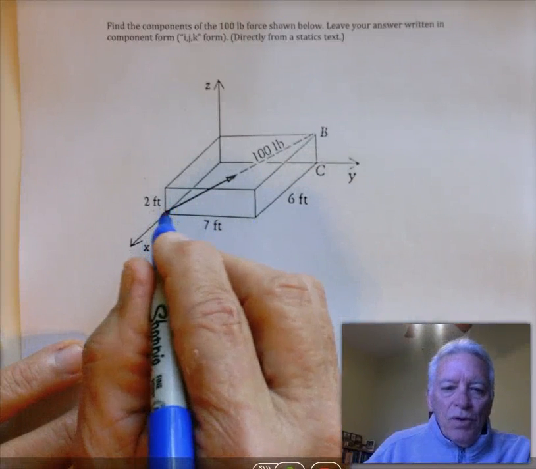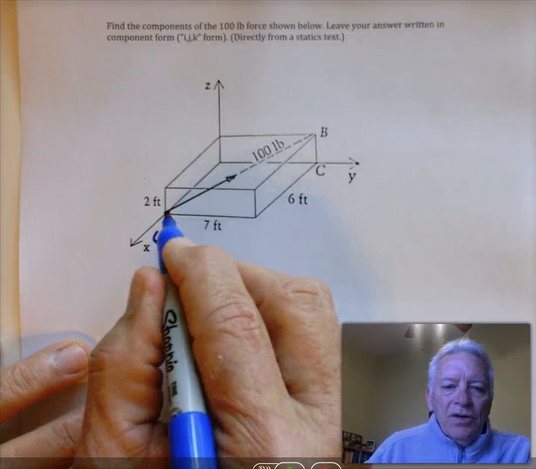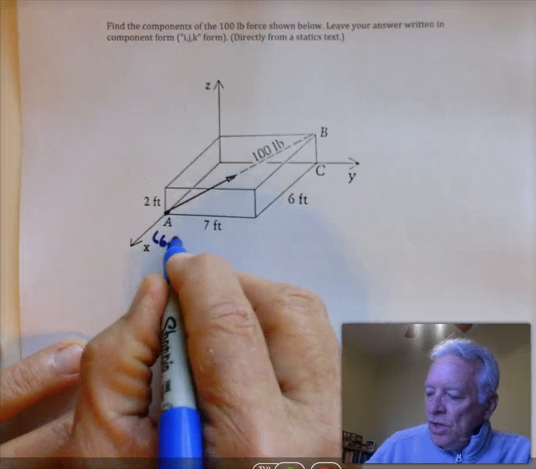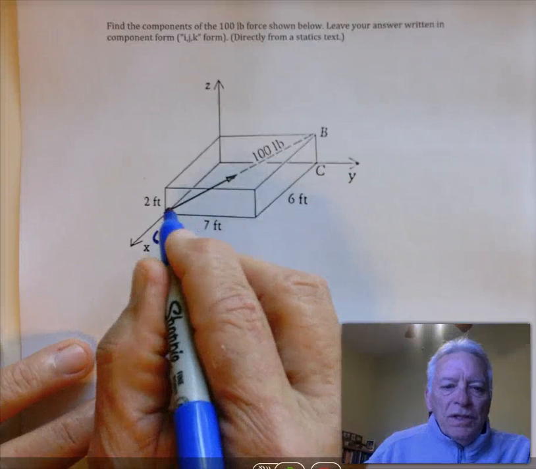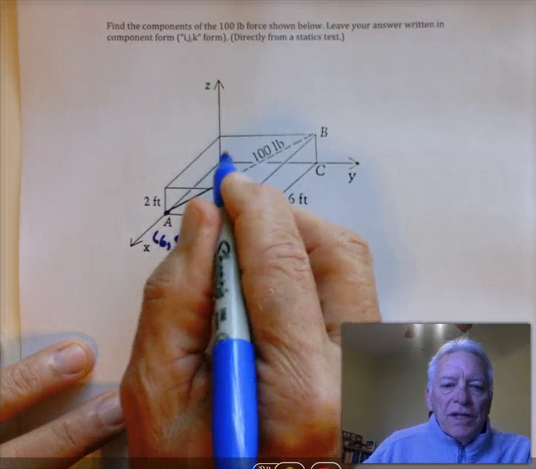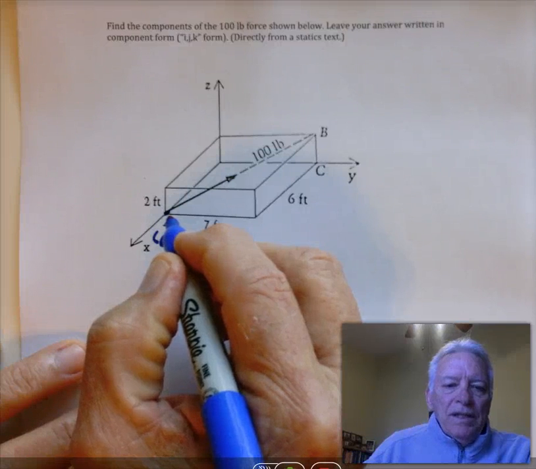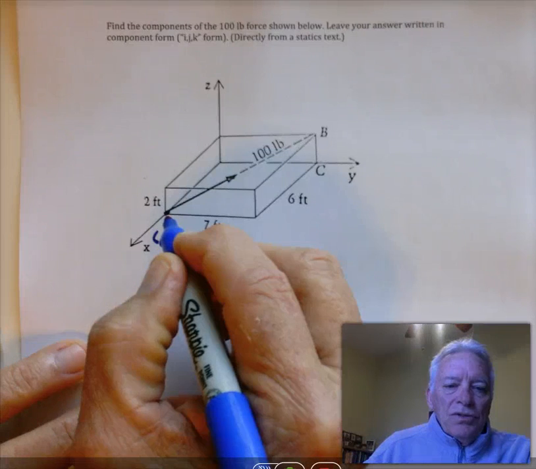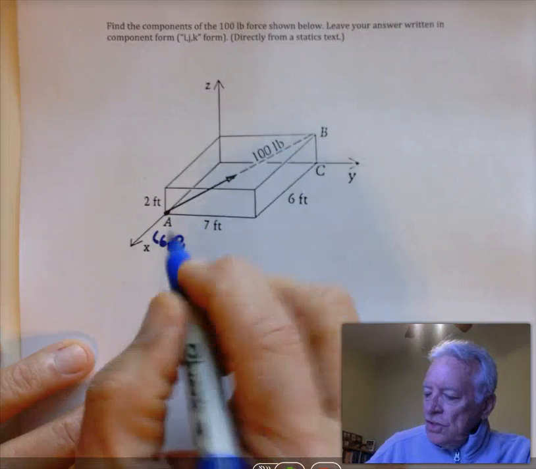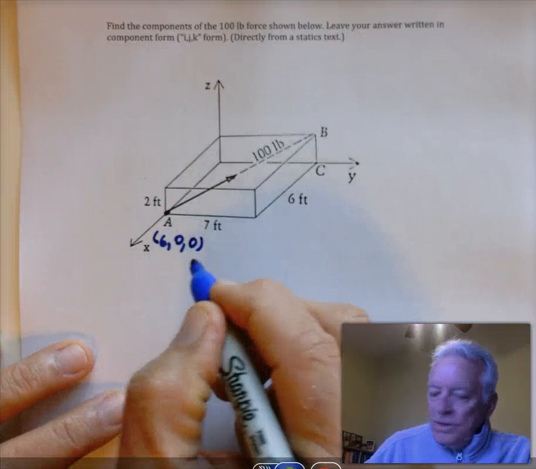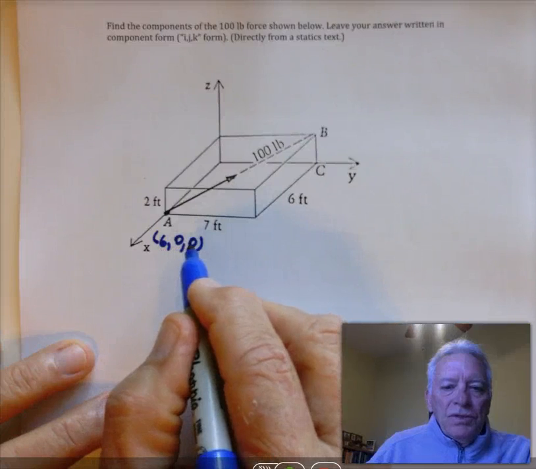Except, I'm sorry, point A is not 7. Point A is actually on the x-axis, so y is actually 0. Now for the z-coordinate, again, you have to look in the z direction. Since point A is on the xy plane, in particular on the x-axis, z is also 0. So the coordinates of point A are 6, 0, 0.